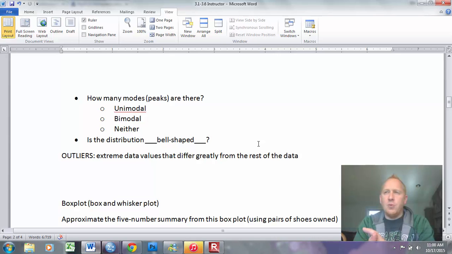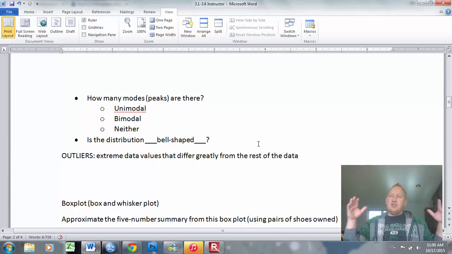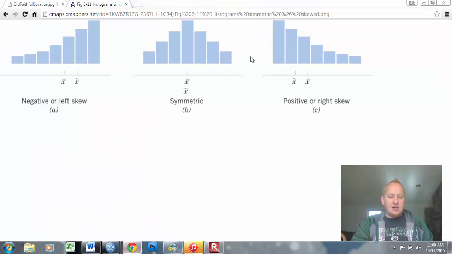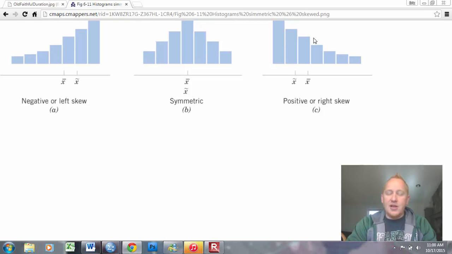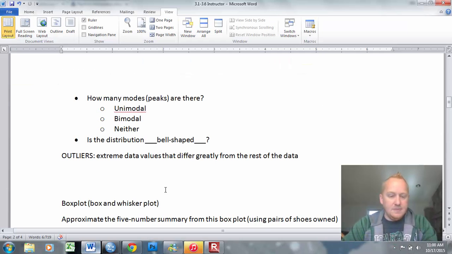When we talk about a mode, we're talking about a peak where there's just a lot of data, and the further you get away from that data, the fewer observations there are. If I go back to this graph, all of these are unimodal. They all have one distinct peak. Here it happens to be on the right-hand side, this one is in the middle, and then this one is on the left-hand side. But we can talk about how many peaks there are.